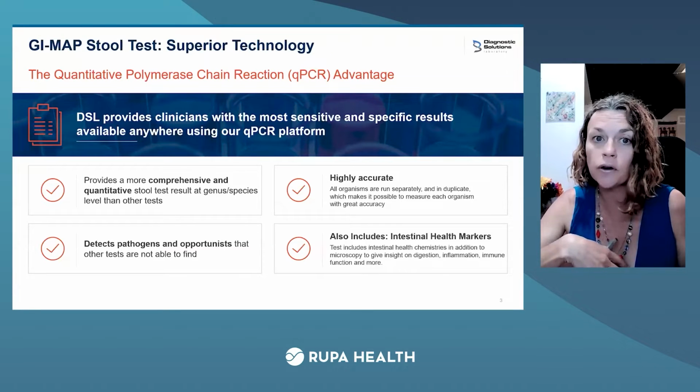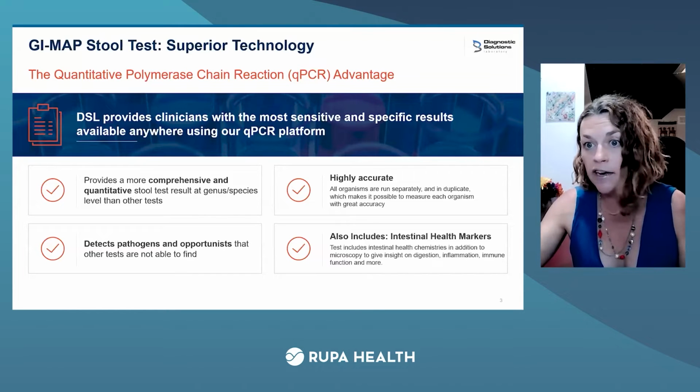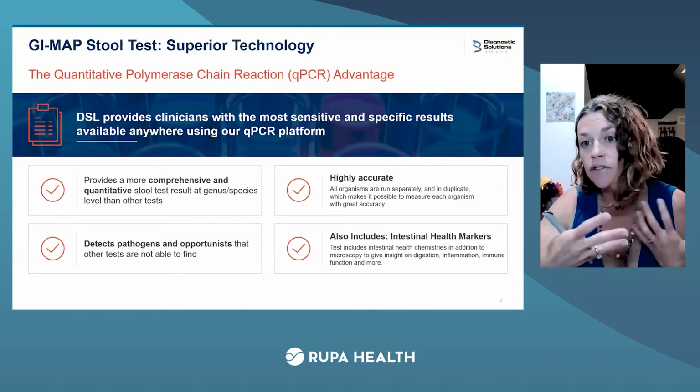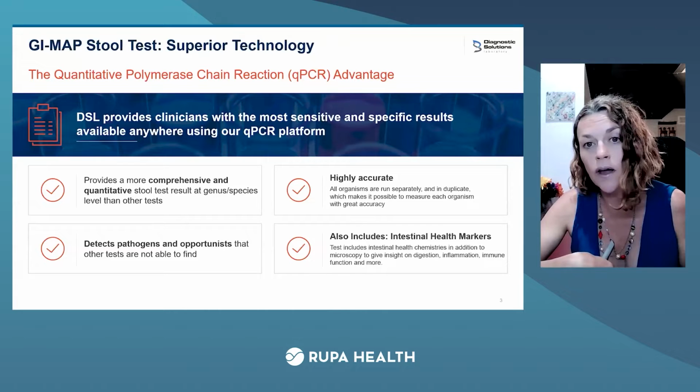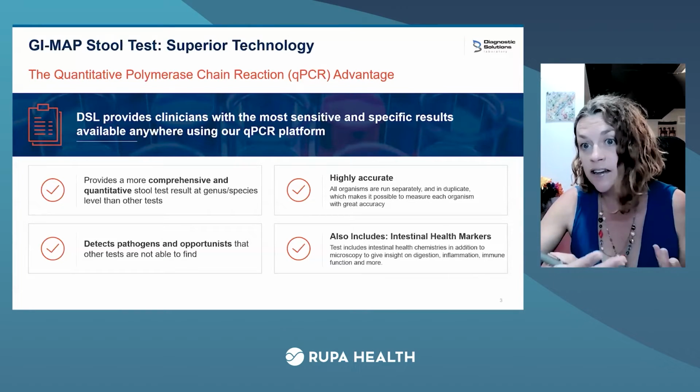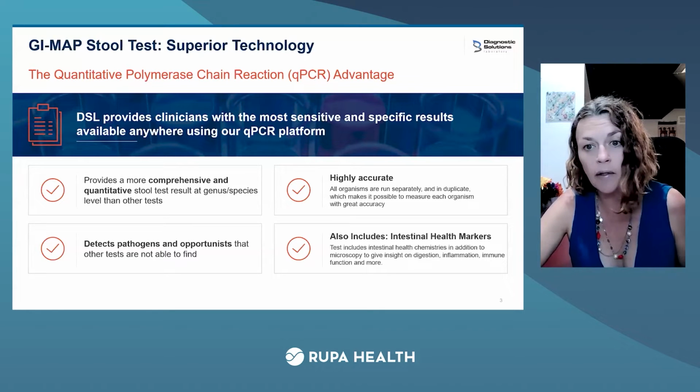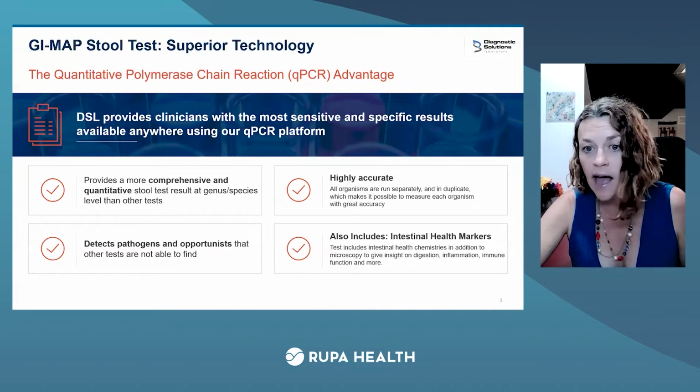Some of the other technology platforms, like metagenomic sequencing, are not an apples to apples comparison. And what the quantitative PCR brings to the table is, again, the sensitivity of finding these really low-level inflammatory opportunists and pathogens, and we're going to talk a lot about that. It's a highly sensitive test with highly accurate results.